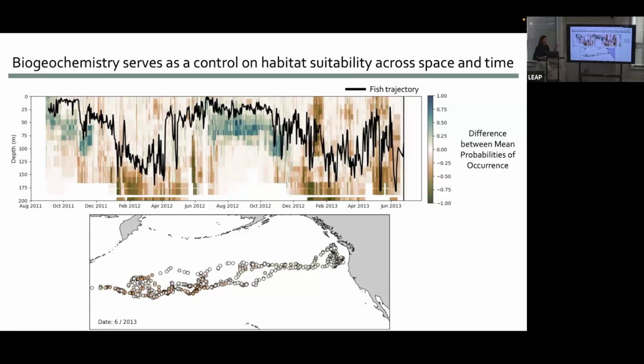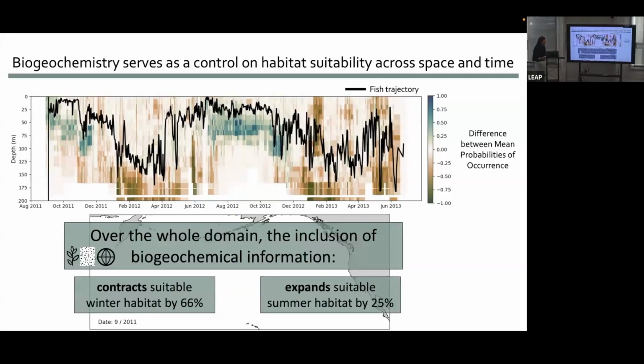So we scaled this analysis up to the entire North Pacific, and we found that the inclusion of these biogeochemical variables contracted suitable habitat by over 60% in the winter and expanded suitable habitat in the summer by 25%. And again, a vast majority of this contraction and expansion is occurring with respect to the depth dimension.